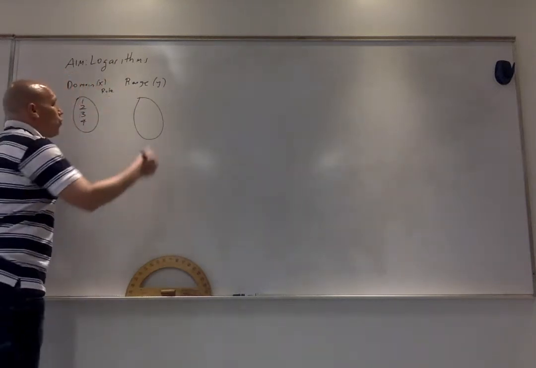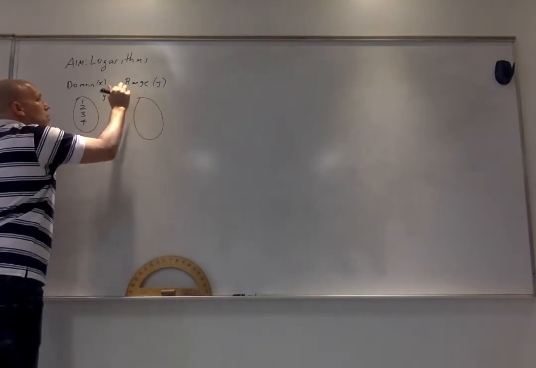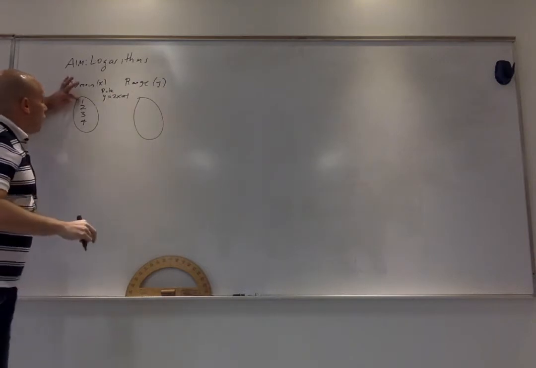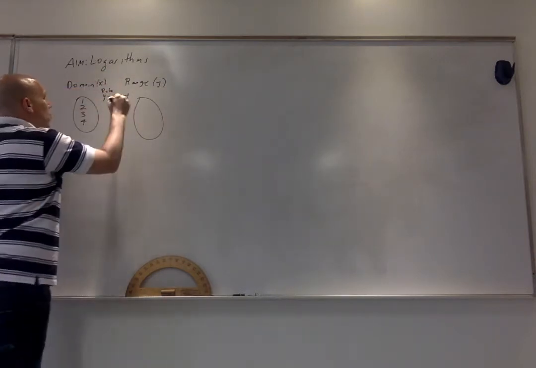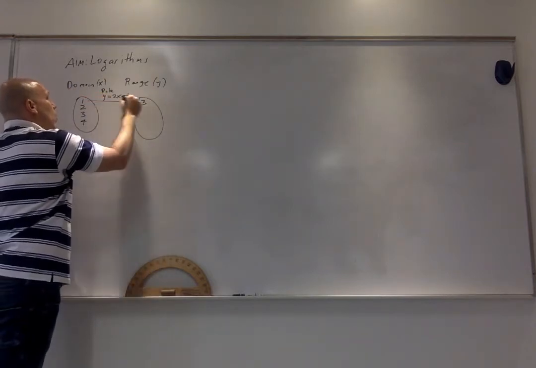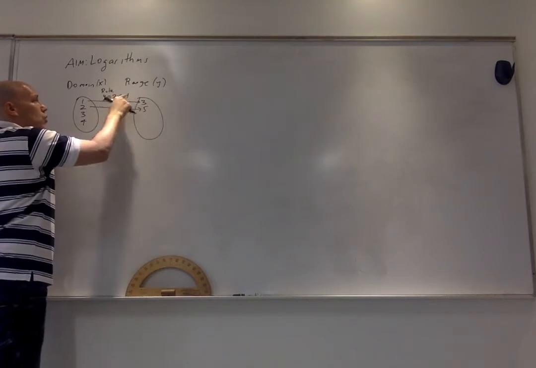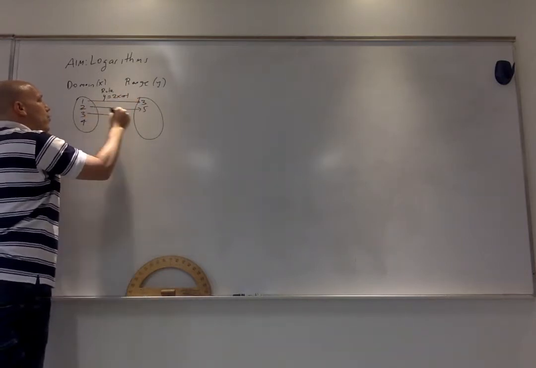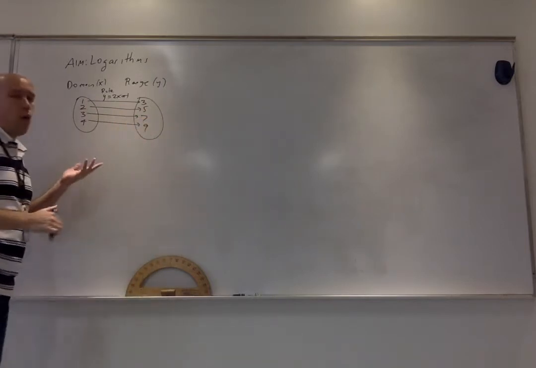For example, let's say the rule was 2x plus 1. We plugged the 1 into the rule, and 2 times 1 plus 1 is 3. 1 went to 3. And 2 went to 5, because 2 times 2 is 4 plus 1 is 5. And 3 went to 7. And 4 went to 9.